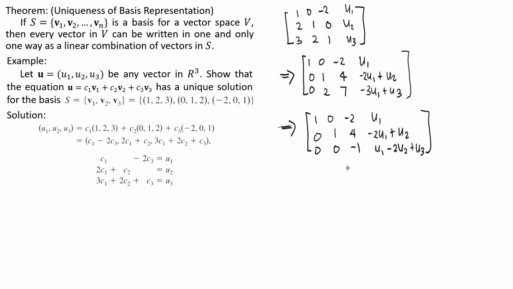Okay, and then we can make this positive 1 by multiplying by negative 1. So 0, 0, 1, negative u sub 1 plus 2 u sub 2 minus u sub 3.